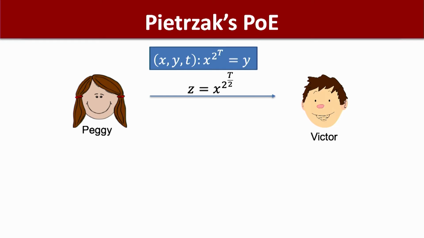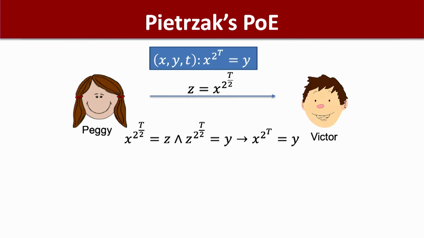I send you z, which is x to the 2 to the t over 2. Now I have two statements: x to the 2 to the t over 2 equals z, and z to the 2 to the t over 2 equals y. Both of these together imply the original statement.